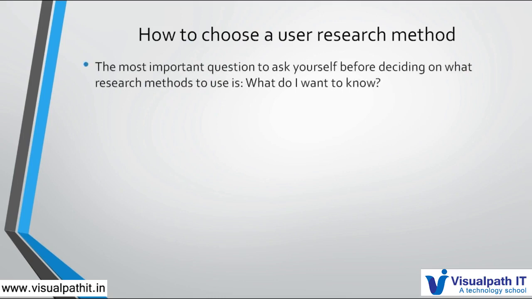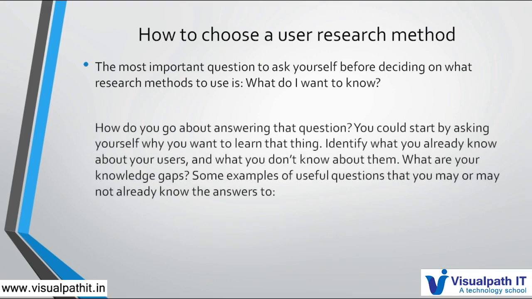The most important question to ask yourself before deciding on what research methods to use is, what do I want to know? How do you go about answering this question? You should start by asking yourself why you want to learn that thing.